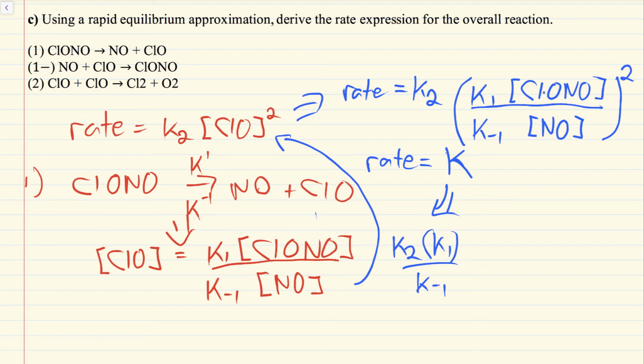And then putting this in simplified form, which equals K times ClONO squared multiplied by NO to the negative 2.